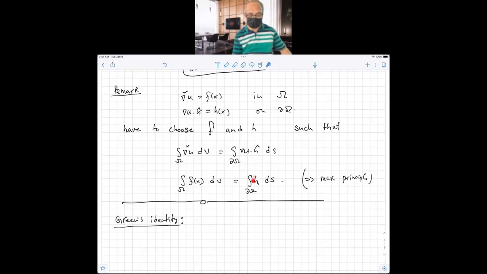So I have to choose h in a way that my expected solution has the gradient given, and then if you integrate that over the surface, it should be 0. Which means it is somehow satisfying the divergence theorem.